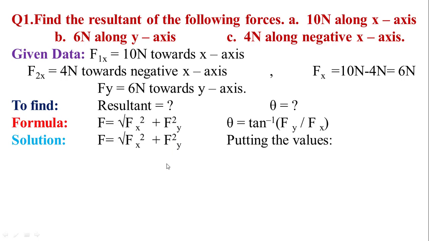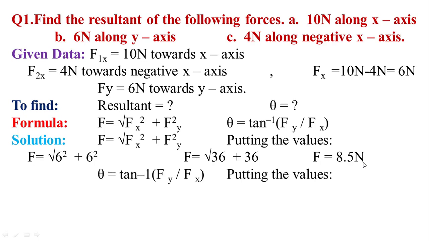Putting the values, F is equal to the square root of 6 square plus 6 square. 6 square is 36 and 6 square is also 36. Then F is equal to the square root of 36 plus 36, and 36 plus 36 is 72. Taking the square root of 72, the resultant force F is equal to 8.5 Newton.